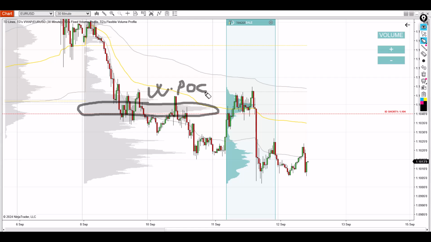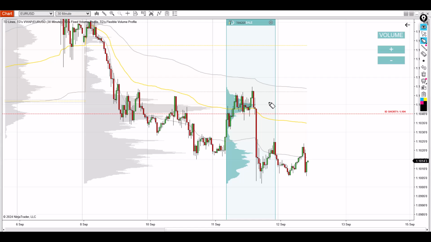This means that the heaviest volumes throughout this current week were traded here at this level. And as you can see, it aligns with our level here. So that's another thing that adds strength to the level, another reason why I like this resistance zone so much.